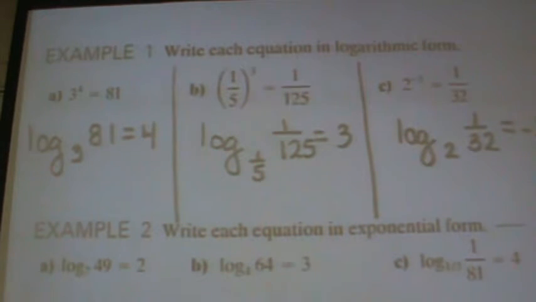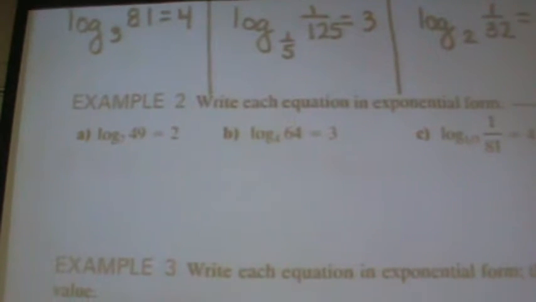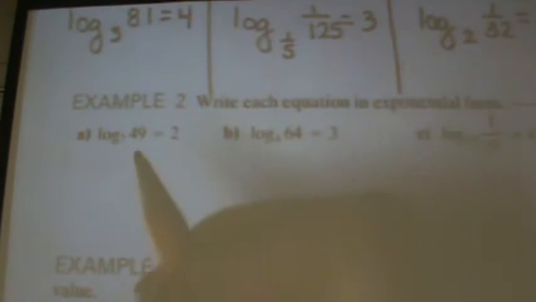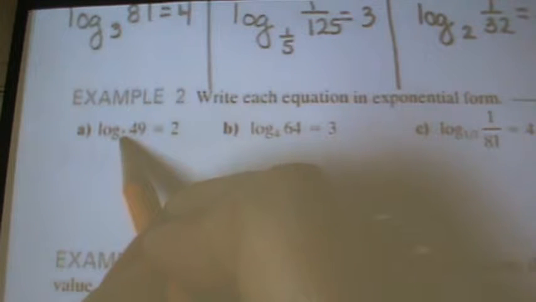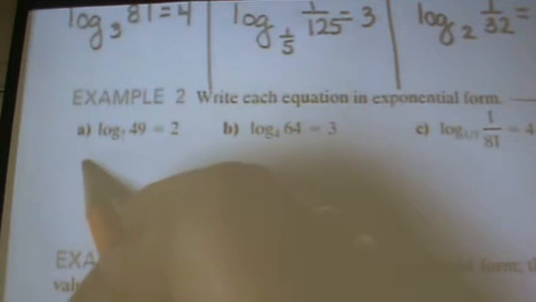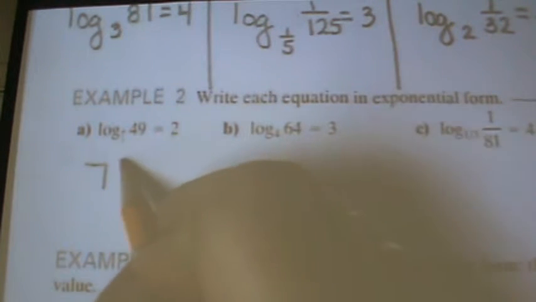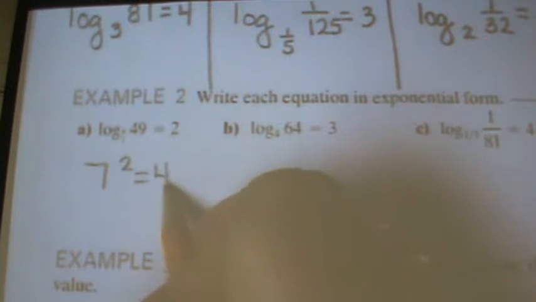So, first objective, can you go from exponential to log form? That I can. Okay, good. So far you're on track. Can you go the other way, from log to exponential? Okay, what's the base? 7. What's the exponent? 2.